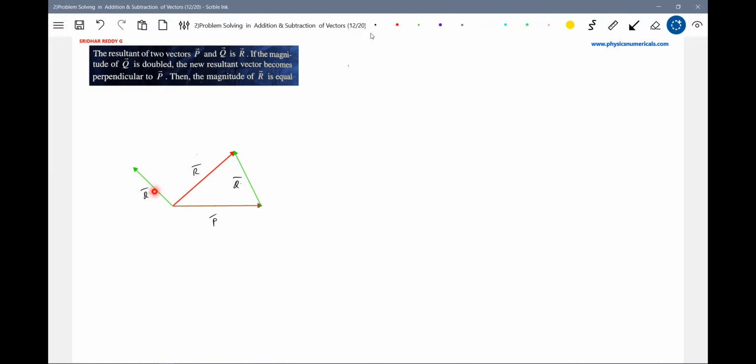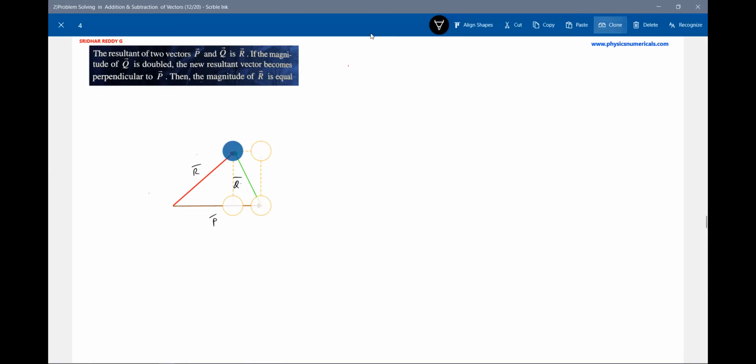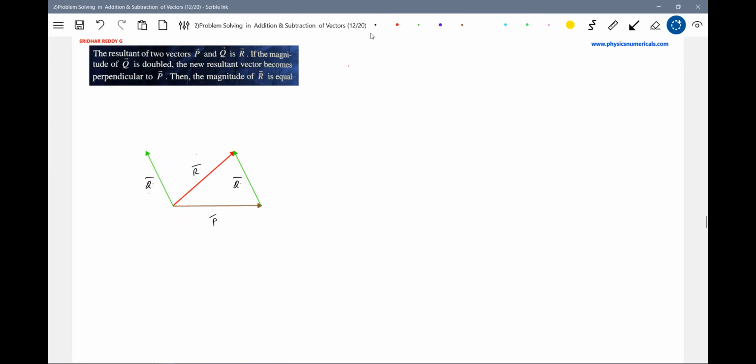This is what the vector looks like. Hope everyone is able to understand what I mean to say here. Now I'm going to increase the length of Q. Then it's going to get doubled. So how is it possible now?